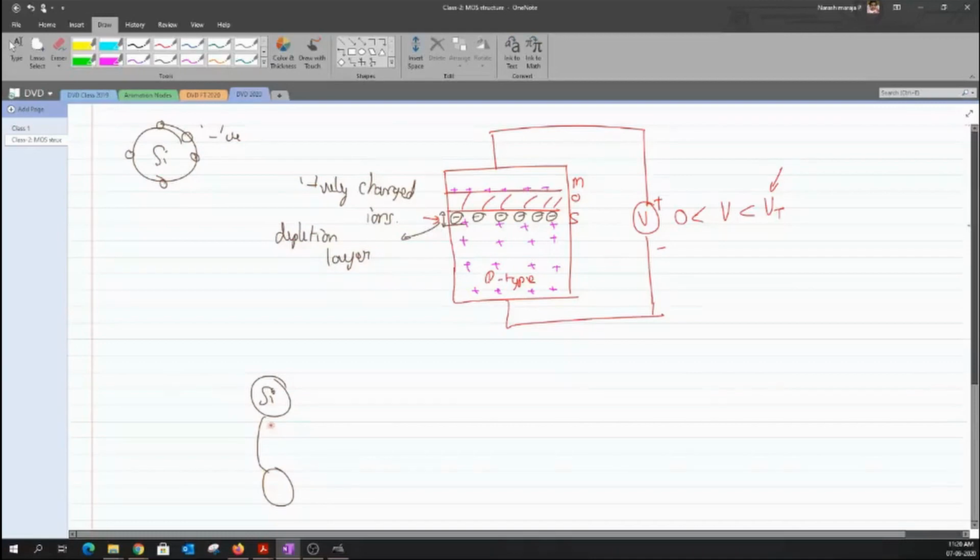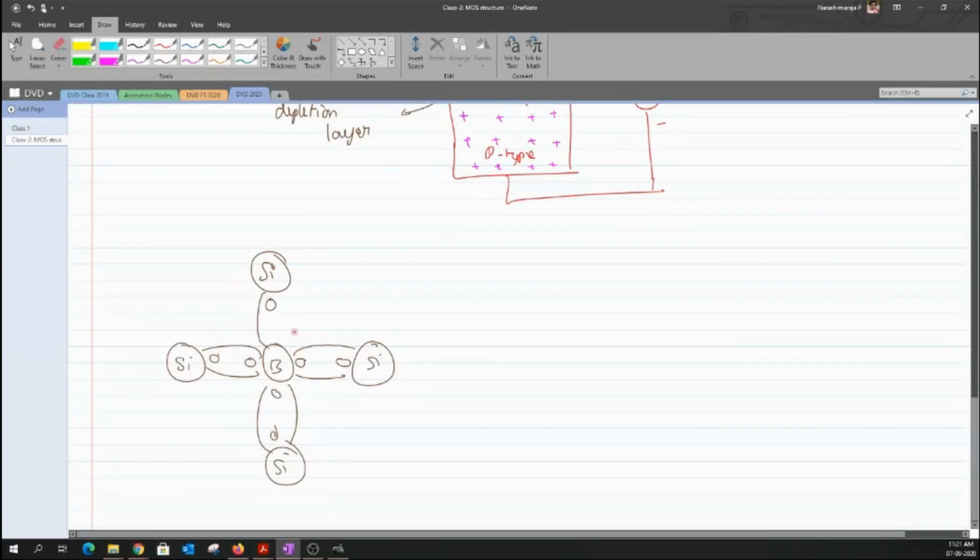I think this is all basic physics, so I didn't prepare for it, but I'll still try to mimic those pictures. Boron is trivalent, and it does create covalent bonds with the other silicon atoms.